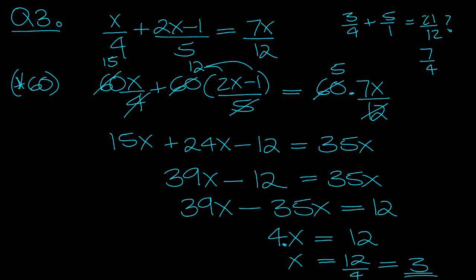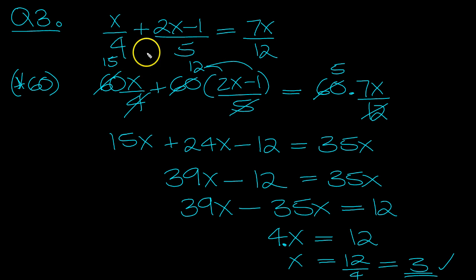And, oh, this was a 5. I wrote 1 for some reason, because it was equal to 1. So you've got 3 quarters plus 1, that's 7 quarters when you do fractions. So you can tap that in a calculator if you need to, just to check with the x value of 3 that this is actually correct. So yeah, just done a little double check there in the margin. So we know that's checked and is correct.